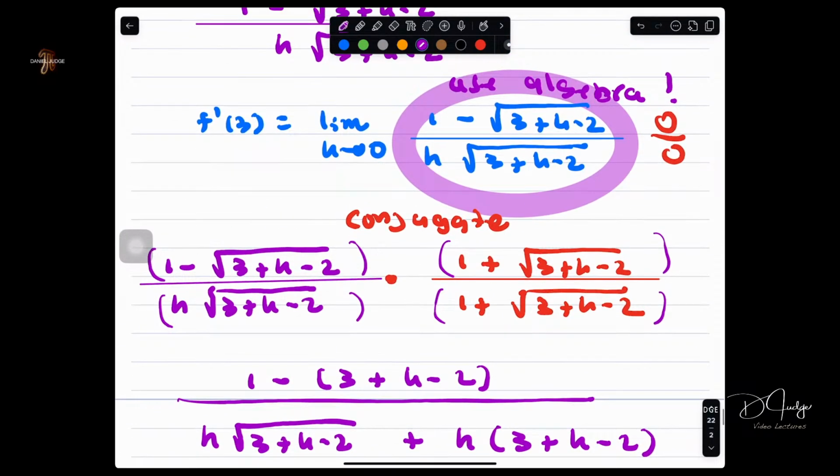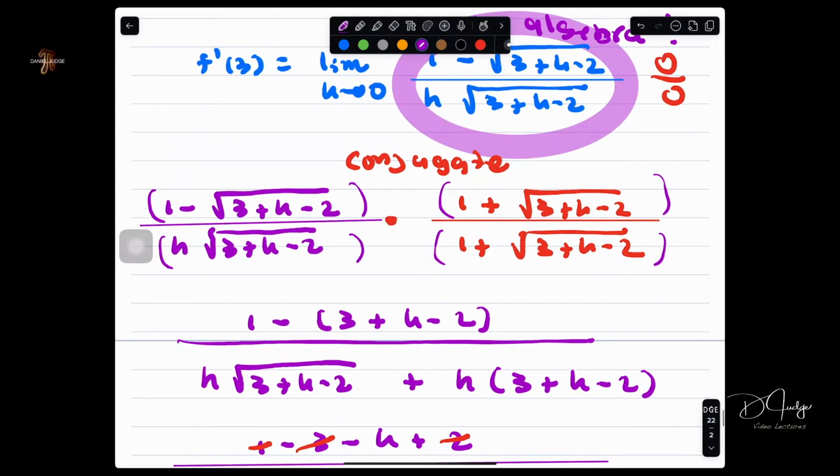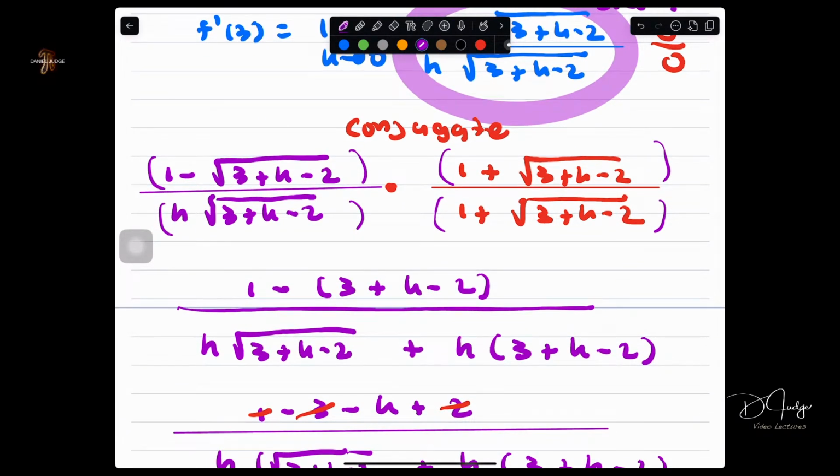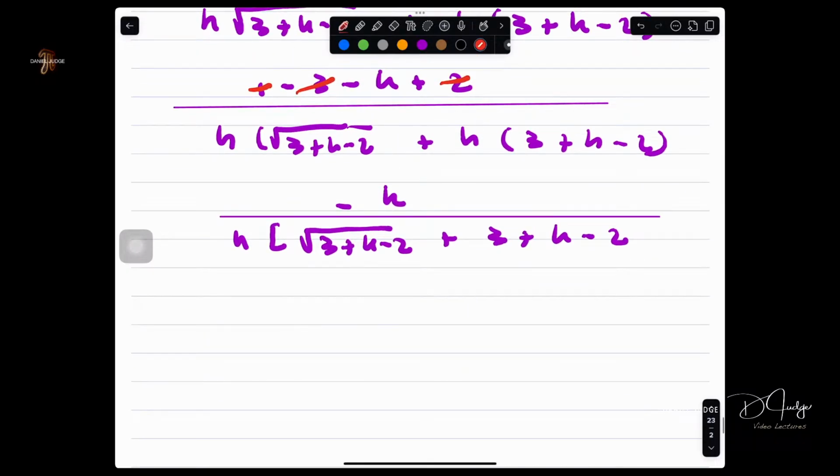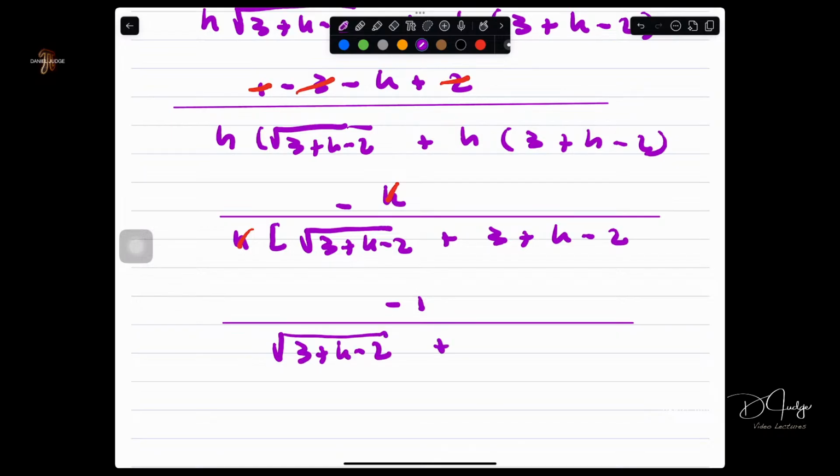Let me double check here. All right. H goes away. Negative 1 now. Three plus h minus 2 down here. I guess we're going to say this will be plus what? H plus 1.